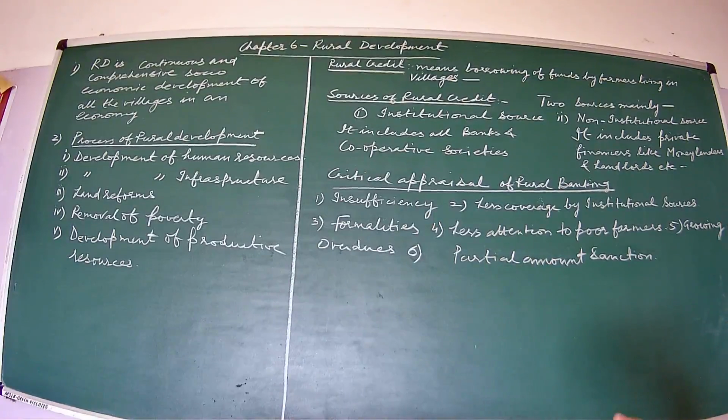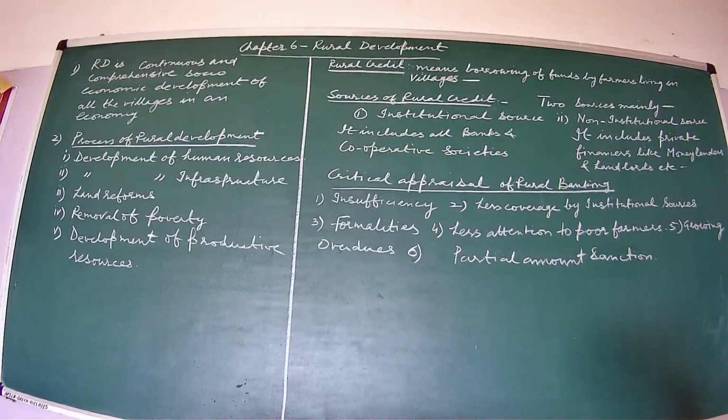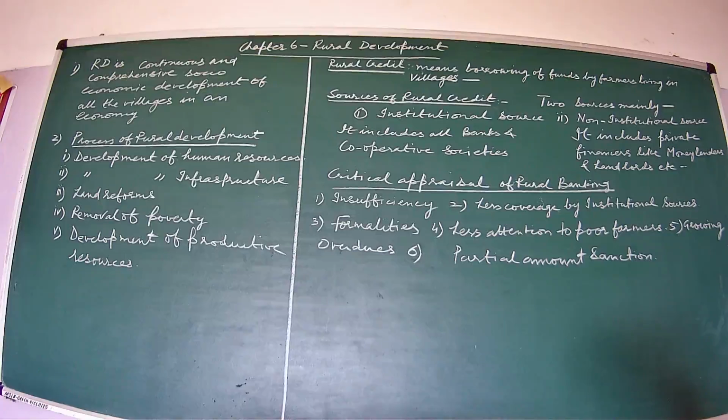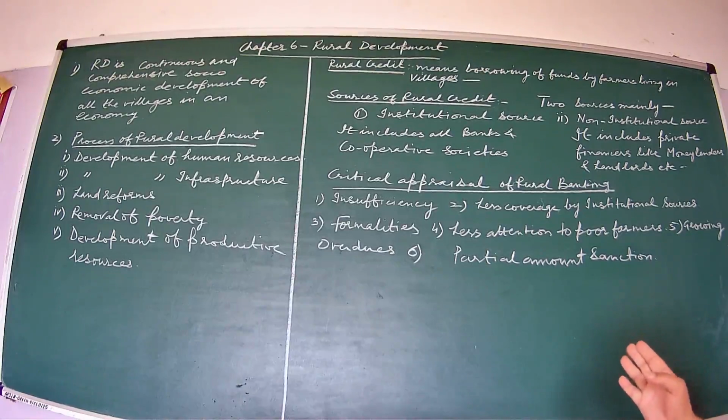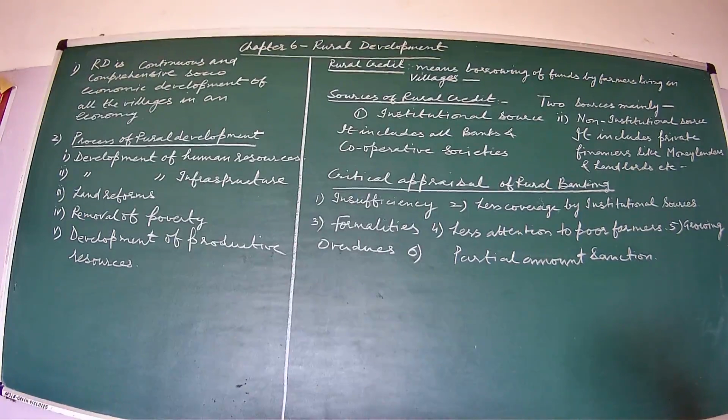The institutional sources include cooperative societies, land development bank, commercial bank, regional rural banks, the government, the National Bank for Agriculture, NABARD, and self-help groups. Non-institutional sources include money lenders, relatives, friends, traders and commission agents, rich landlords, etc. They come in this category.